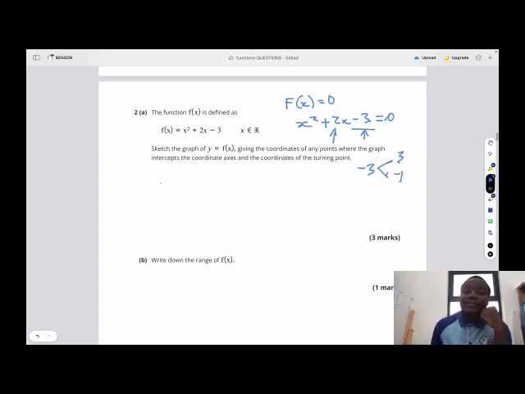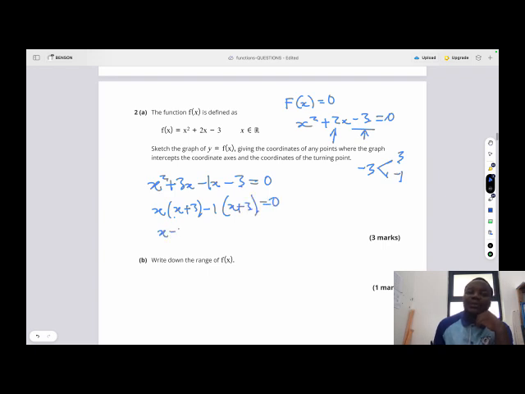So right away, it simply means x squared plus 3x minus 1x minus 3 equals 0, which if we factorize, we get x plus 3, then negative 1, x plus 3 equals 0. This implies x minus 1 equals 0 and x plus 3 equals 0, so x is equal to 1 or x is equal to negative 3.